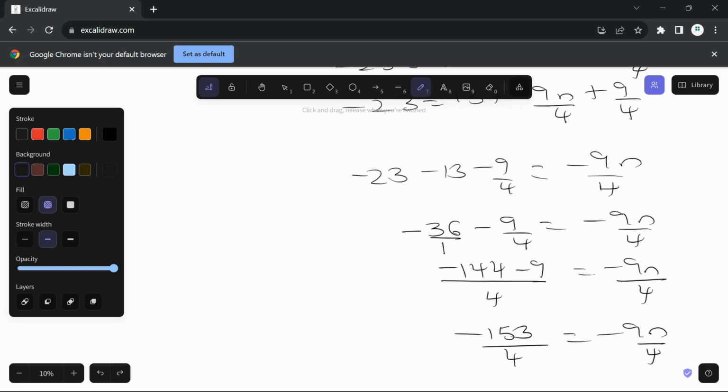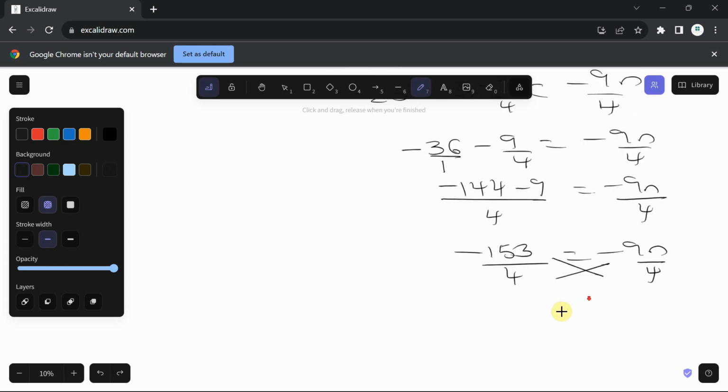Right? So there are other ways we can do this, but the easiest thing that we can do is to cross multiply. If I cross multiply, that will be minus 153 times 4 is equal to minus 9n times 4. Let me see, maybe let's make it easy. So 153 times 4, if you do it on your calculator, that will give you minus 612 is equal to minus 9 times 4, that is minus 36n.